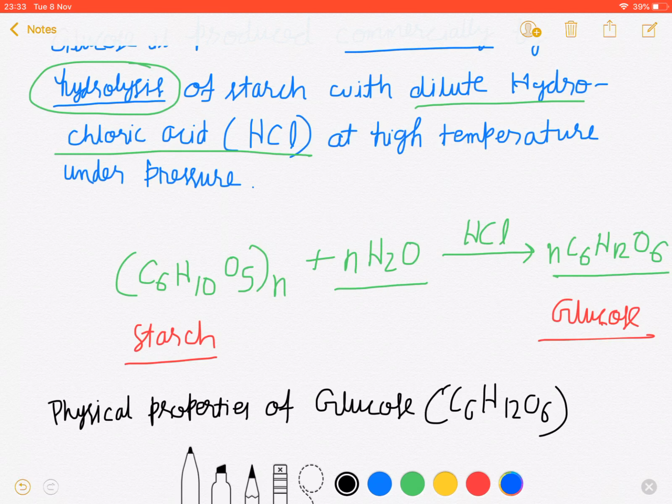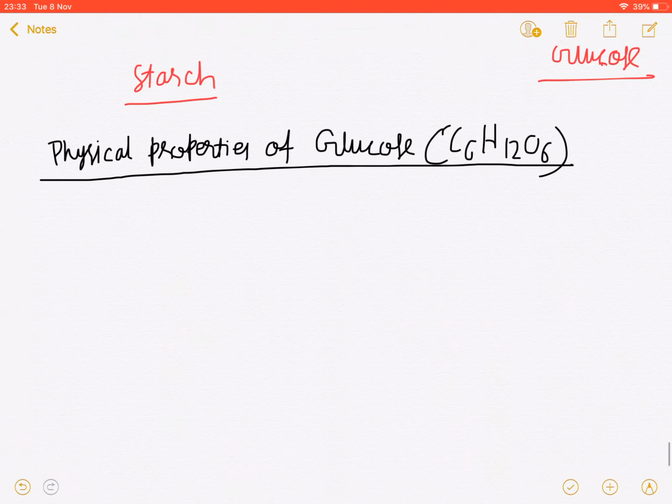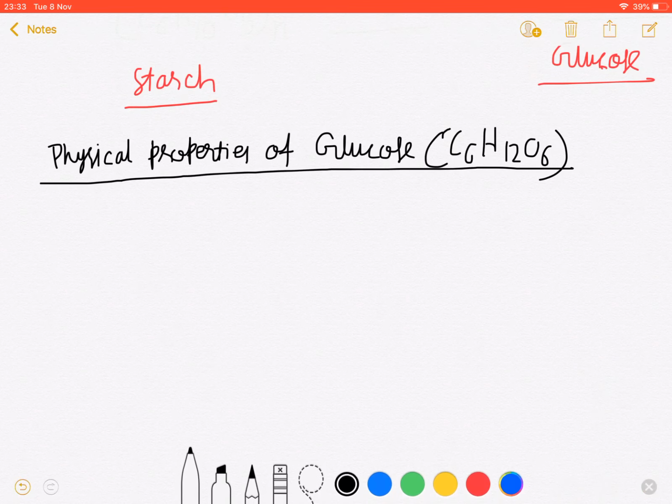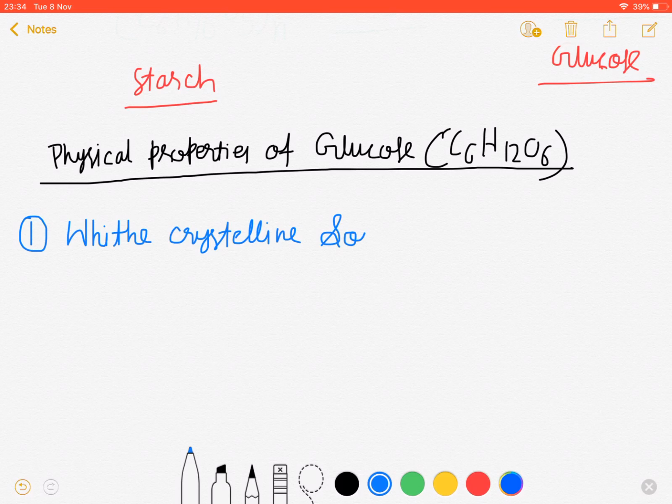These are just important things which you should know. One by one I'm going to write them down. The first important property is that glucose is a white crystalline solid.